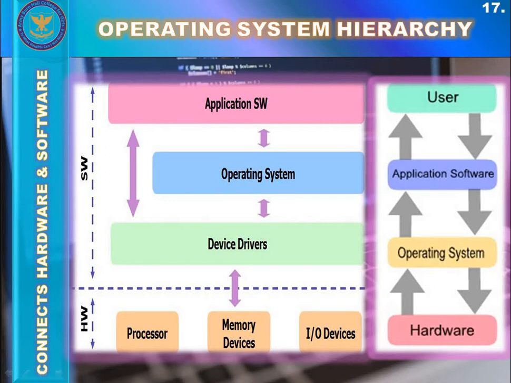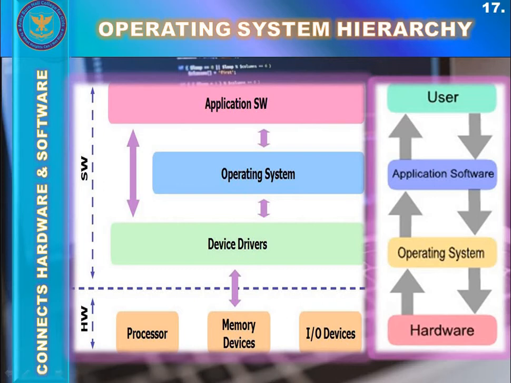Hardware lies at the most basic level inside a computer, and the operating system lies just above the hardware, connecting the hardware and application software.